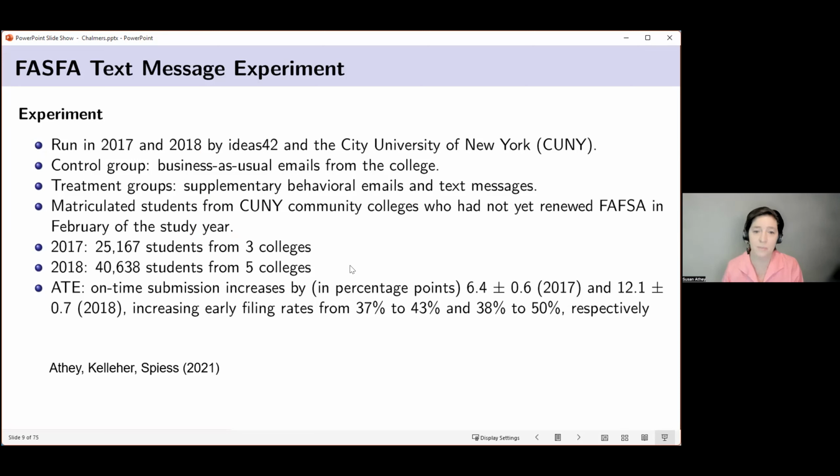They had different colleges, and so the environments weren't exactly the same. And what we found in this evaluation is that nudging people with text messages to apply for financial aid increased their on-time submission by about 6 percentage points in 2017 and 12 in 2018, which was large as a percentage of the baseline, going from 37 to 43% in 2017, for example.